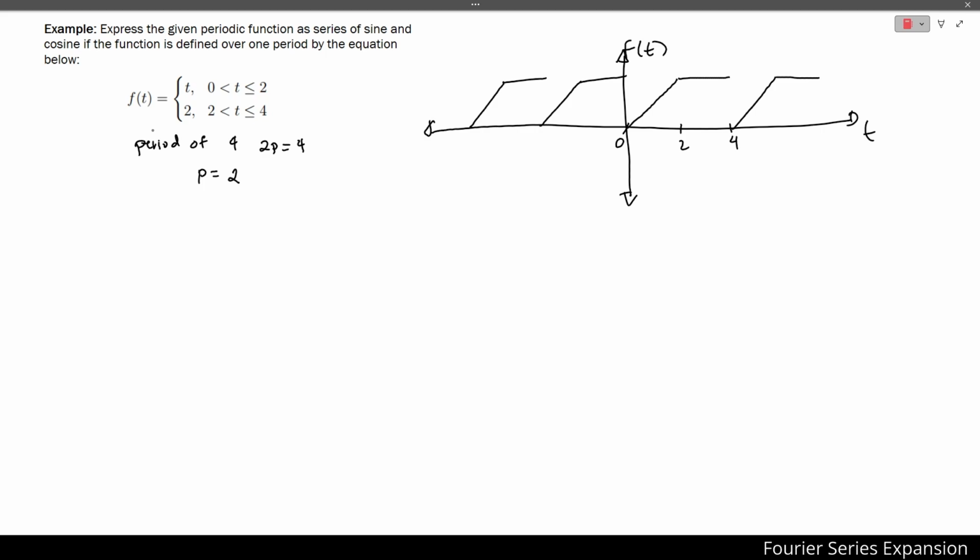Since we need to express it in terms of sines and cosines, we need to get the Fourier series expansion: f of t equals a naught over 2 plus summation from n equals 1 to infinity of a n cosine n pi t over 2 plus summation from n equals 1 to infinity of b n sine n pi t over 2.